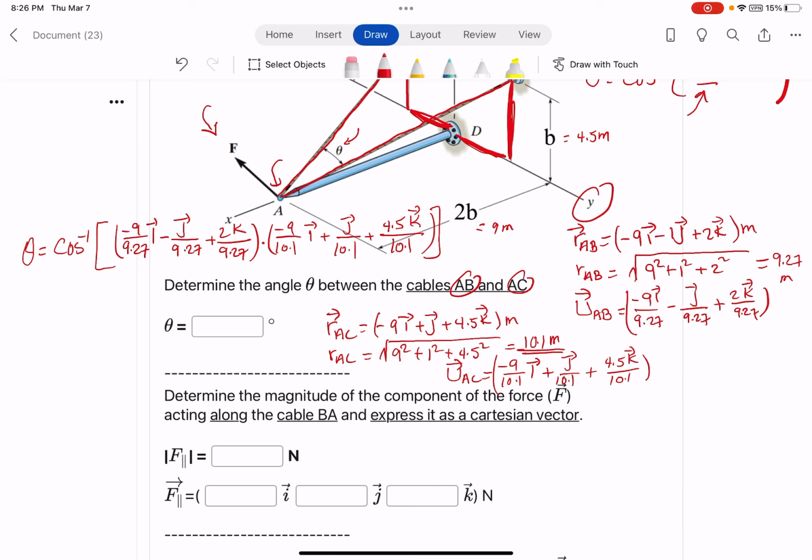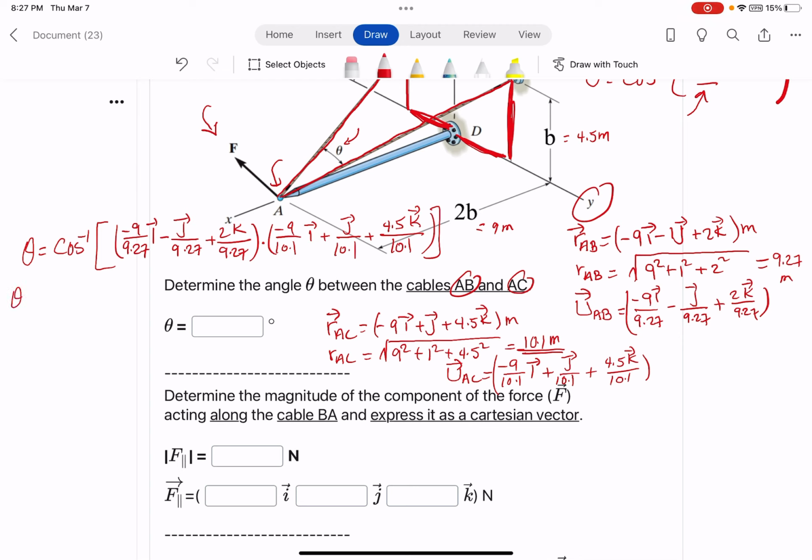So let's do it using the calculator. So minus 9 times minus 9, so 9 times 9, that's 81.